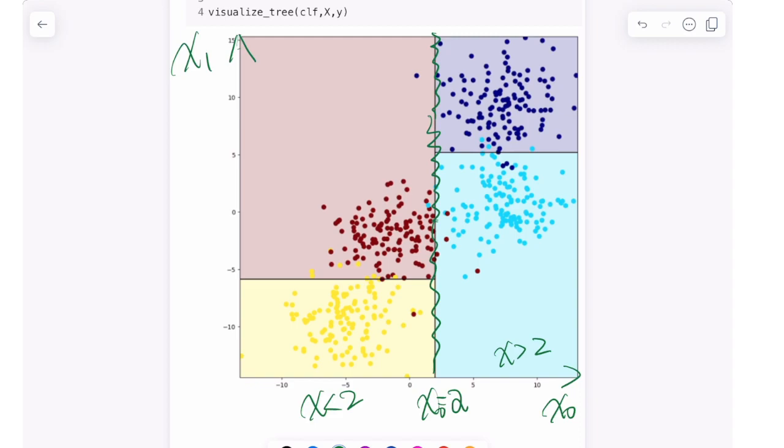That is how we divide it. Because we're smart, so we know this line would be the best one to cut this space at the first place. And then we may use this one and this one. But think about one thing.